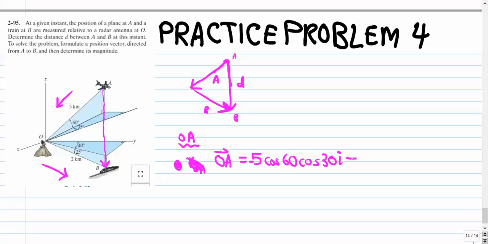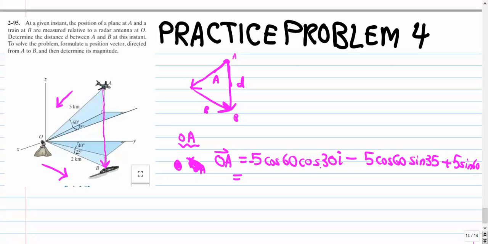For its component along the y-axis, we can see that this component is going to be 5 multiplied by cos of 60 times sine of 35. And this component is also directed towards the negative y direction, so there is going to be a negative sign. And lastly, we have the component along the z-axis, and that one is simply going to be plus 5 sine 60. So this is the Cartesian form of our first vector OA.